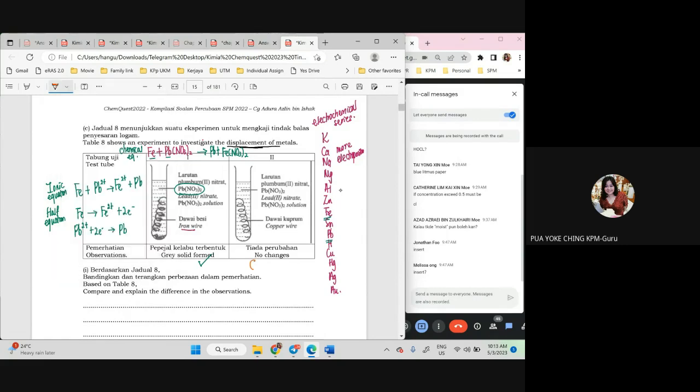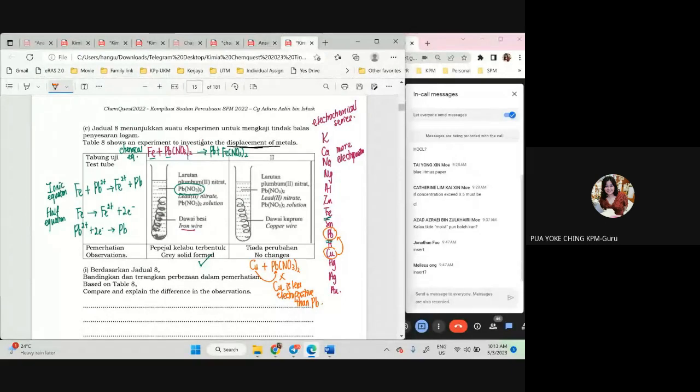So, bila set yang kedua, cikgu ada Cu tambah Pb(NO3)2. Cu sini, Pb atas. Cu nak gantikan Pb. Tak boleh sebab Cu is less electropositive than Pb.